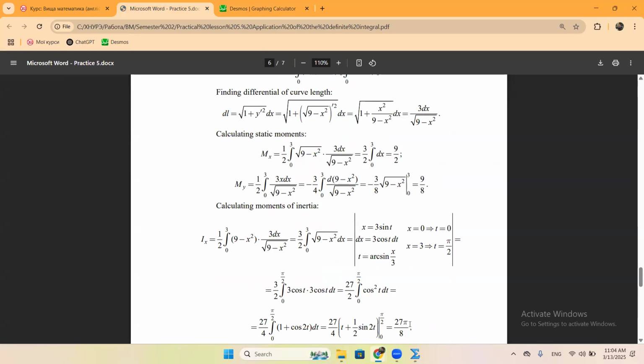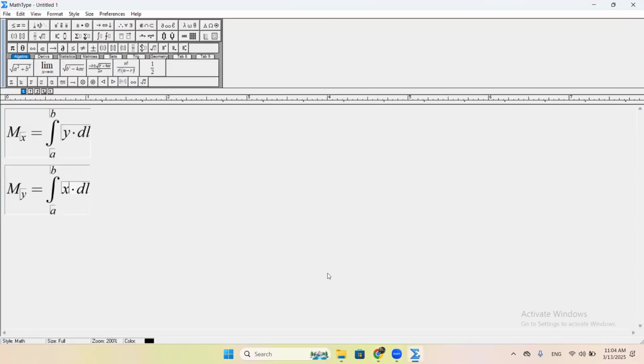Then moment of inertia. So how is it calculated? The moment of inertia relative to the x-axis is the following: one third integral from A to B of y cube dx.